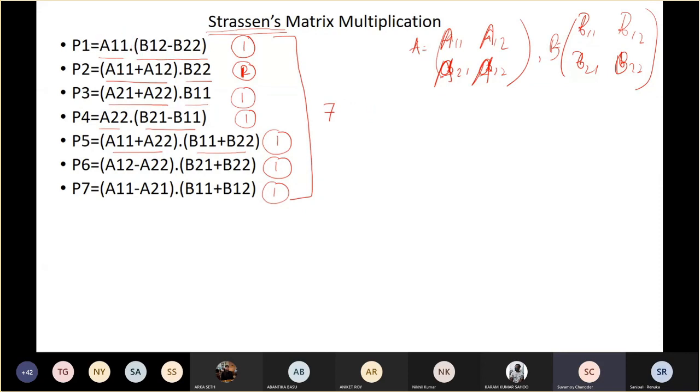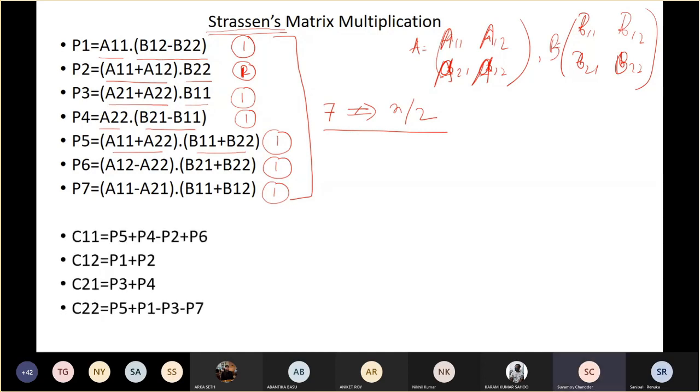Where if we consider n cross n, the size of each element A11, B11 like this is n by 2. Okay. Then what he did? He found the solution of C11, C12, C21 and C22 like this. C11 is equal to P5 plus P4 minus P2 plus P6.